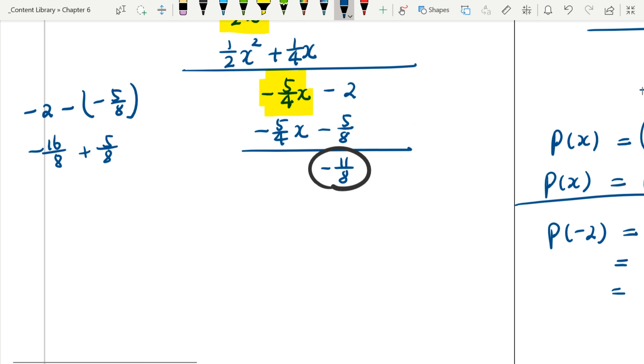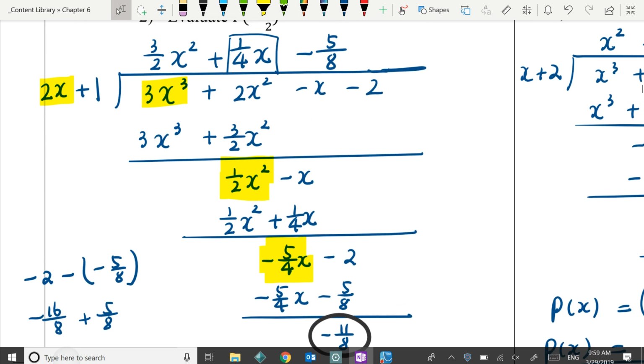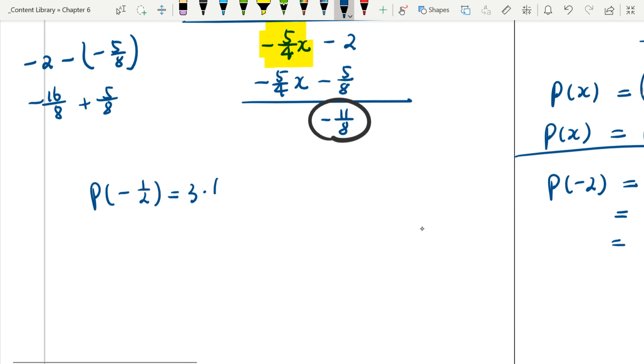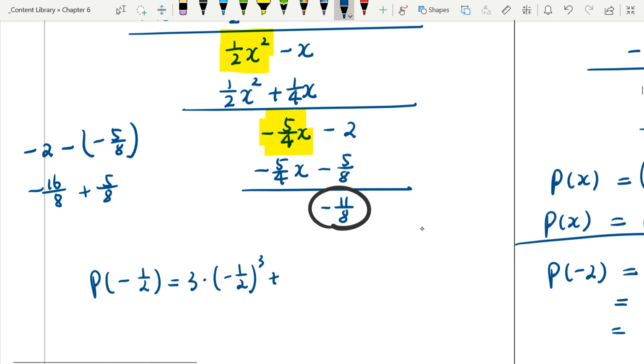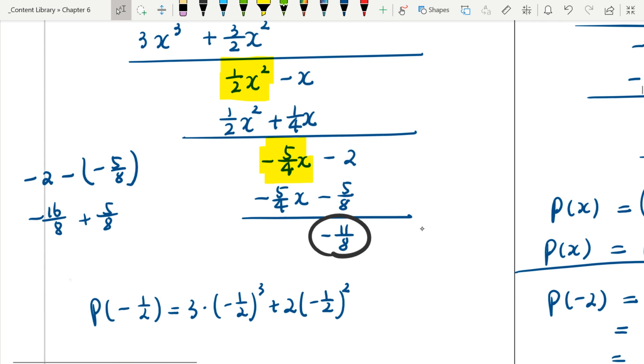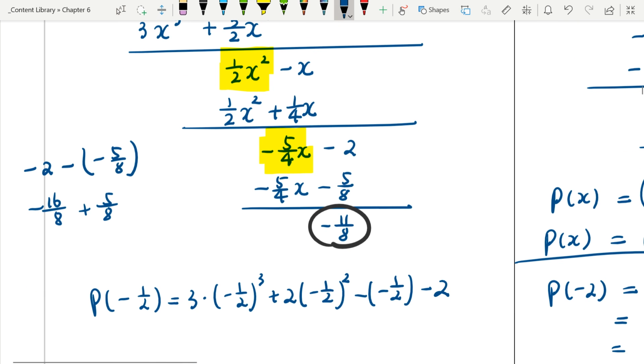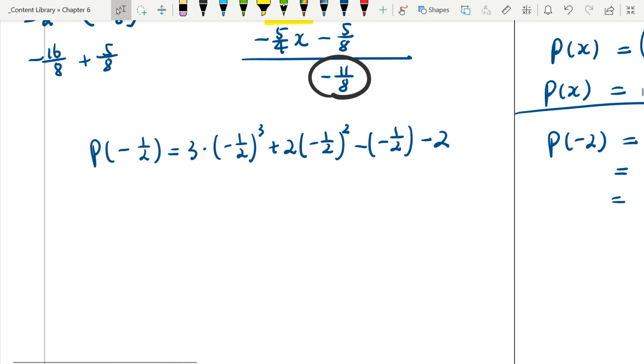So p of negative a half equals 3 times minus a half cubed plus 2 times minus half squared minus negative a half and then minus 2. Okay, just sub minus a half.